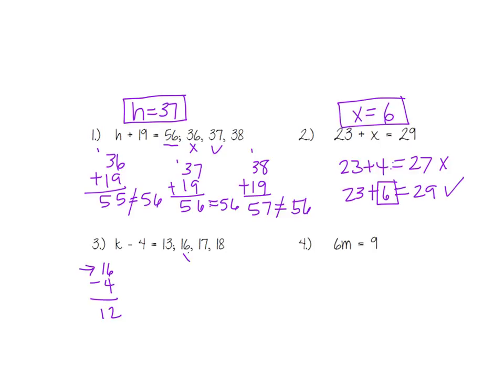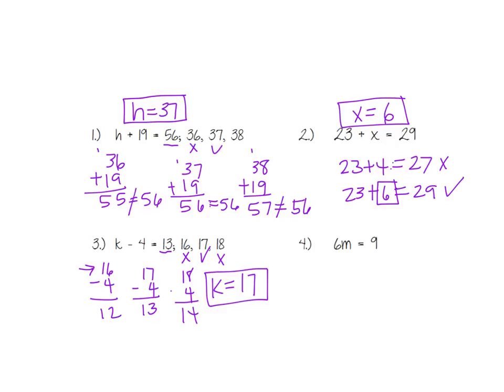And that does not work. 17 minus 4 is 13. That's what k is, so we like that one, and we're going to try that last one. 18 minus 4 gives me 14. That doesn't work. So k is equal to 17. That means if I were to plug that value in for k into this equation, it would make it true.